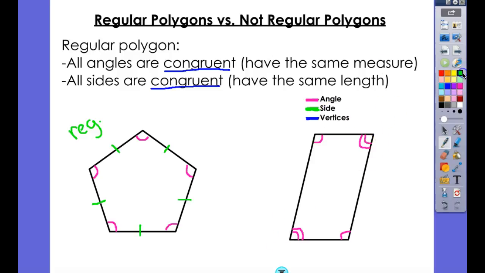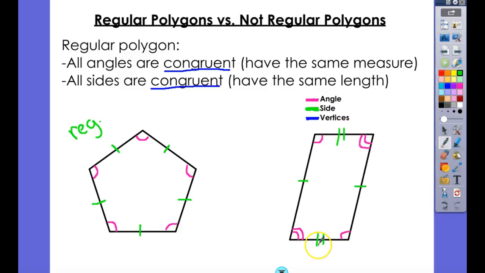Next we look at the sides. This side is the same length as this side, but this side is a different length than this side. The way I'm showing that is these match because they both have one strike going through them. These two have two strikes to show that they are congruent.